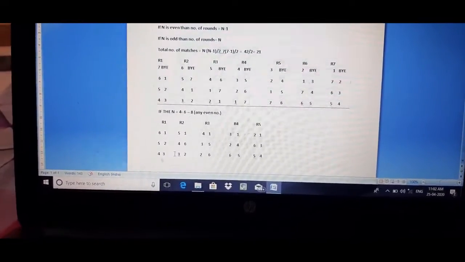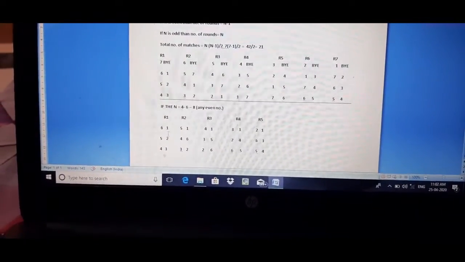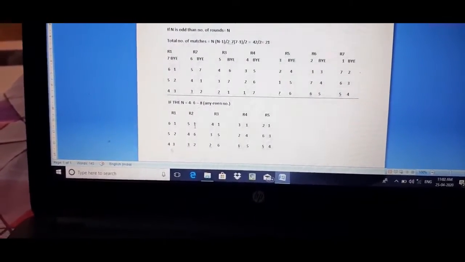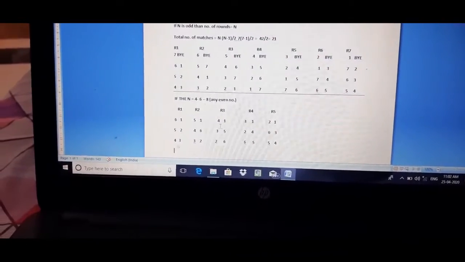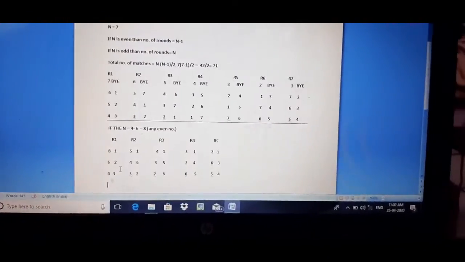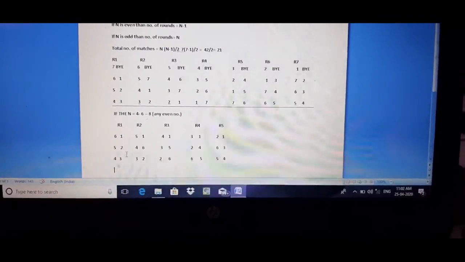As you can see, students, 1 is playing with everyone, being constant. 1 has played with 6 in round 1, with 5 in round 2, with 4 in round 3, with 3 in round 4, and with 2 in round number 5. Others will keep on rotating so that they can have a match with each and every team.